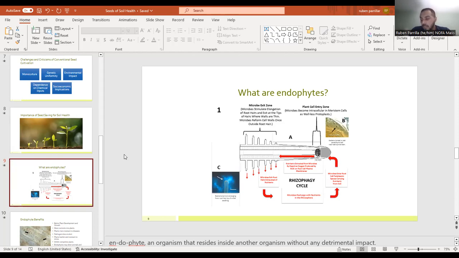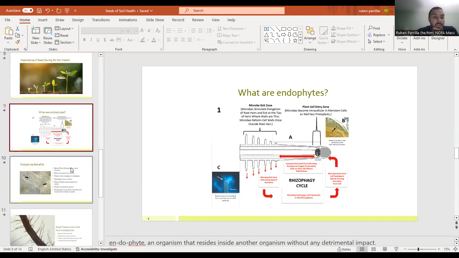So if the microbe came in with some flagella, it'll give it all of its needs to rebuild itself so that the process can continue happening. Now, this is important because some of the key concepts that we're going to be discussing now will be important for what we're trying to achieve here when it comes to soil health and endophytes.